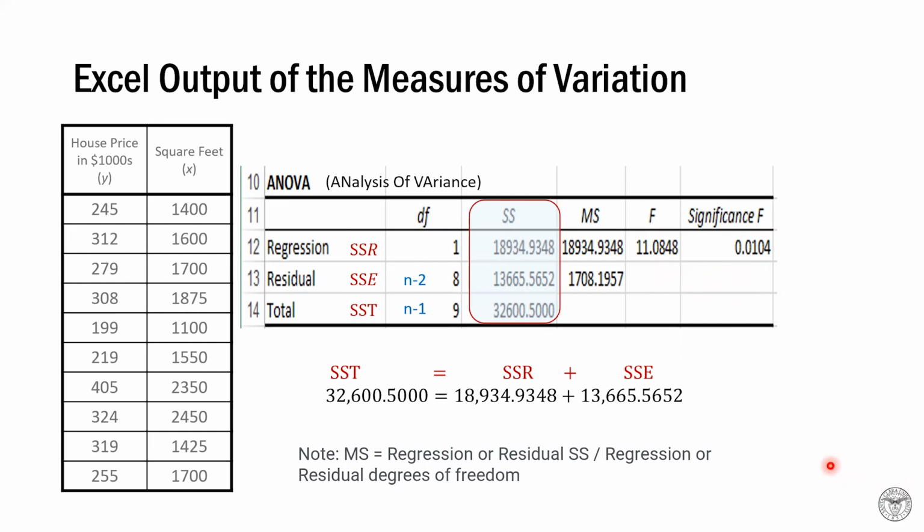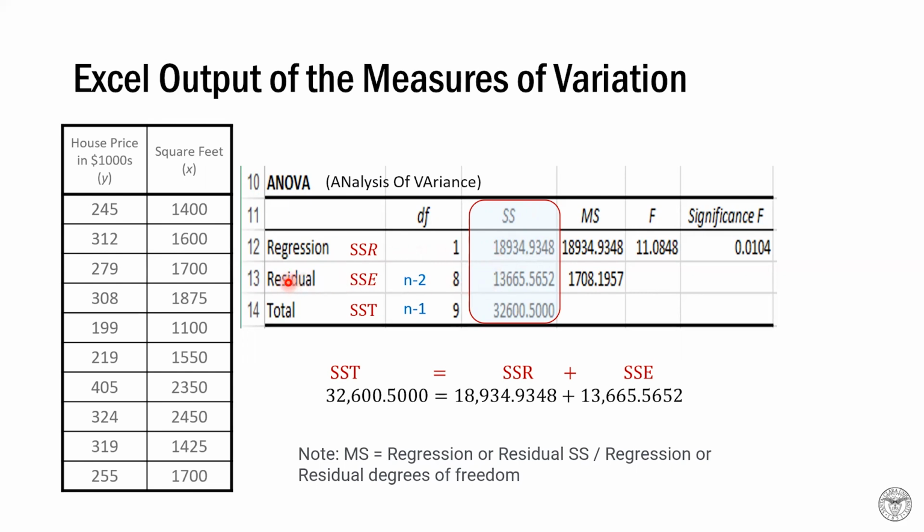The intersection between the regression row, the first row of the data here, and the SS column is the value of SSR, which has a degree of freedom of 1.